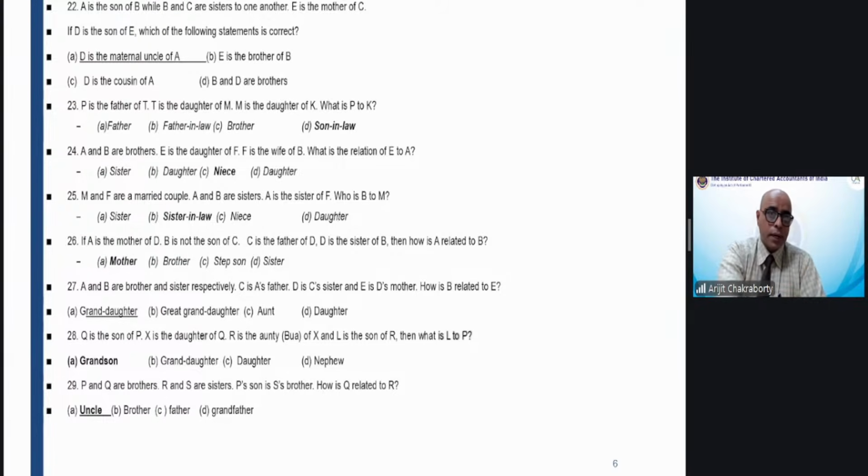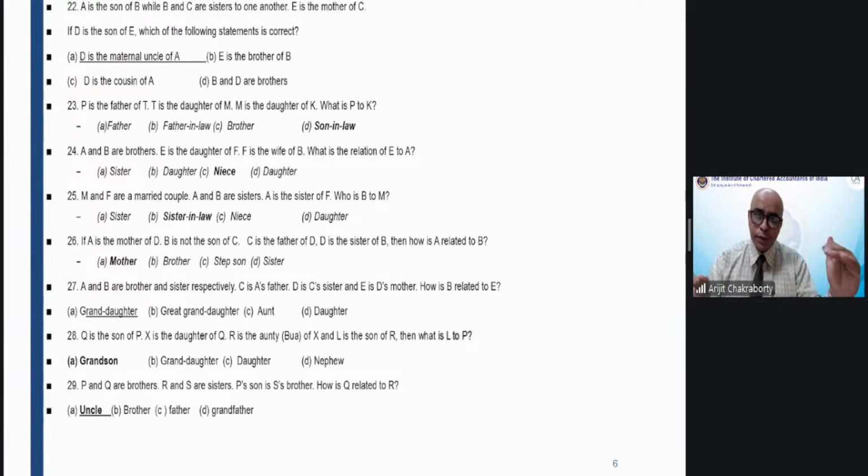There, P's sister was mentioned, but here we see P's son is S's brother. P has a son who is the brother of S. How is Q related to R? Of course, there is a generation gap in between PQ and RS.